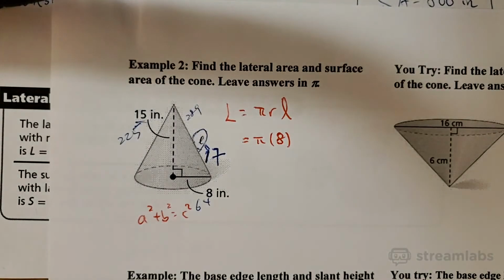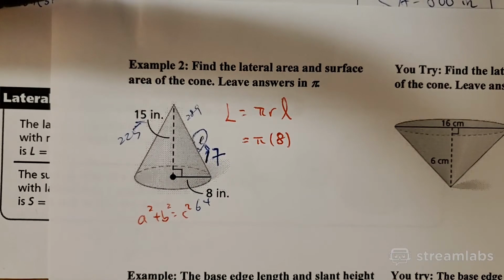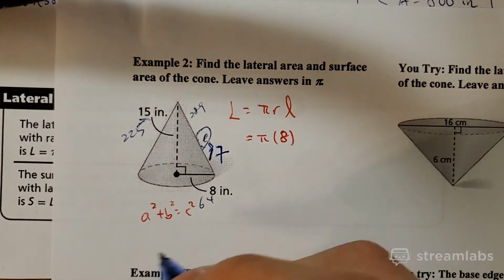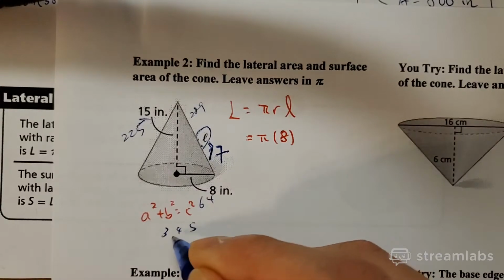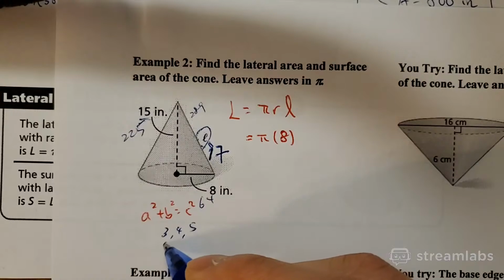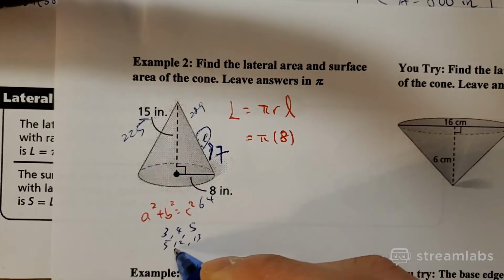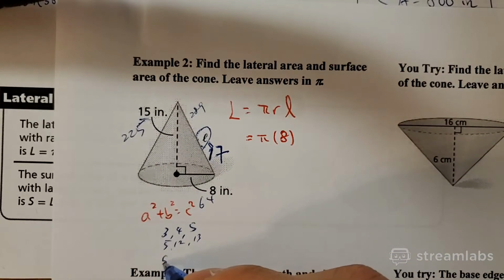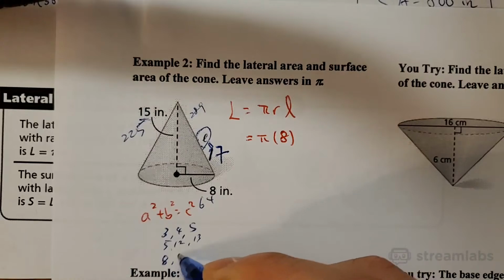Also, you should kind of memorize this combination. It's one of the Pythagorean triples that we use a lot. So there's 3, 4, 5, 6, 8, 10, 5, 12, 13. Let me write some down. So 3, 4, 5, and obviously all the ratios. So 6, 8, 10 is the same thing as 3, 4, 5. We also have 5, 12, 13. And then the other one is 8, 15, 17.